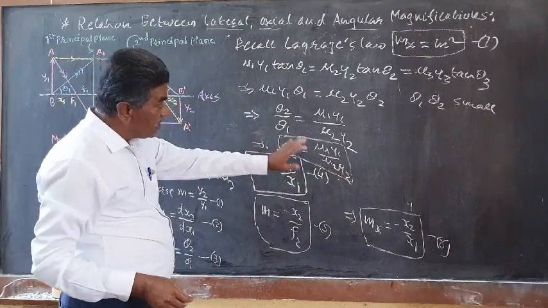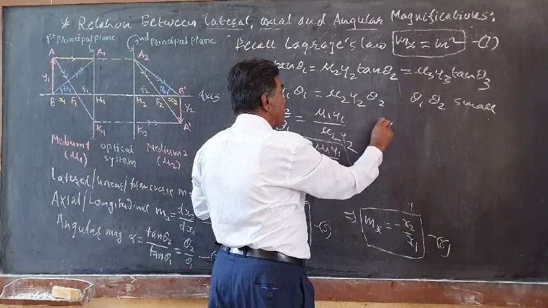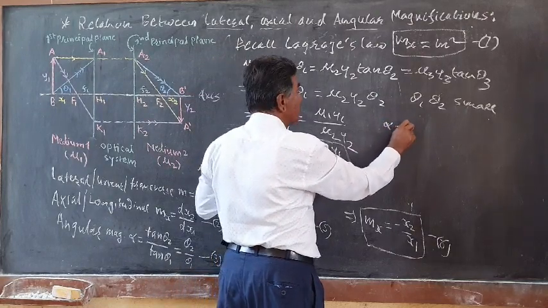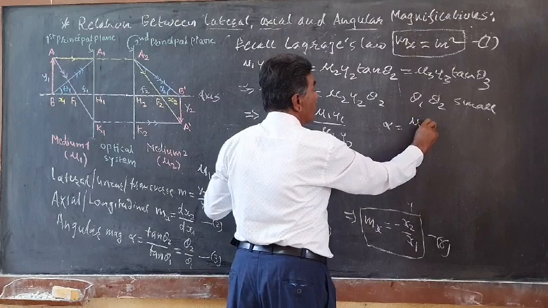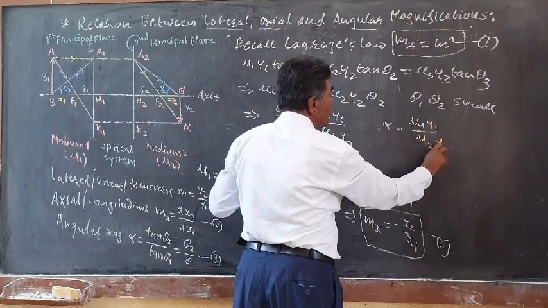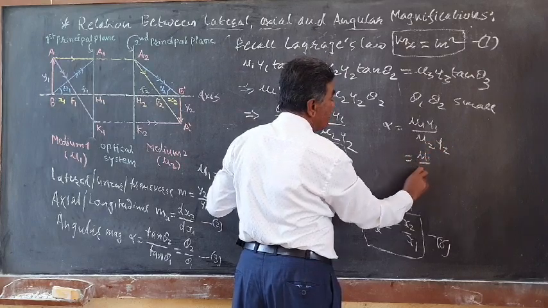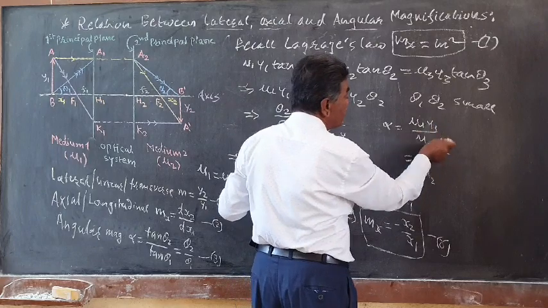Now, from this equation, alpha is equal to mu1 y1 divided by mu2 y2, and this can be written as mu1 divided by mu2, and we take y1 to this side.